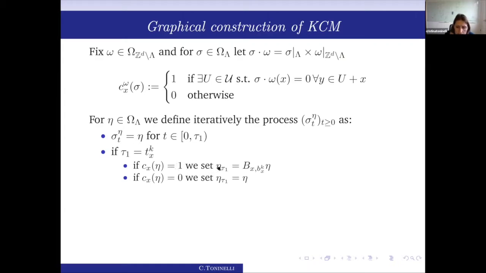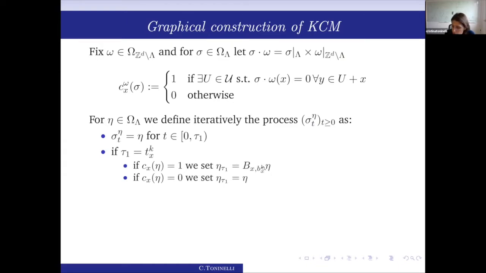If it is the case, I replace the current configuration with the configuration in which, if the coin toss at that time is 0, I empty the site X. If the coin toss is 1, I fill the site. So B is the map Bx, 0 or 1, in which I empty or fill respectively the site X.